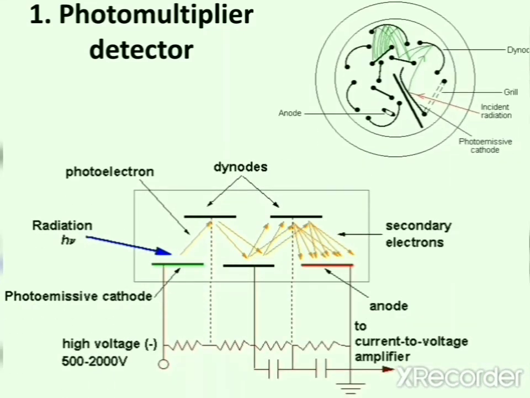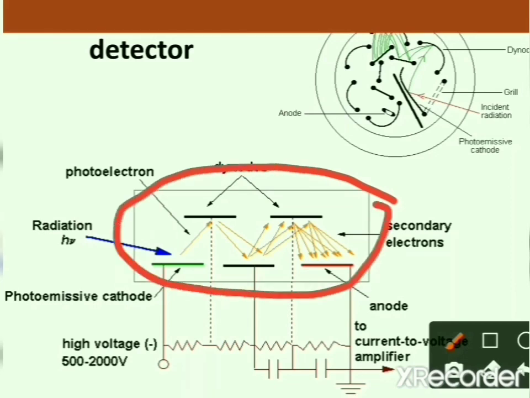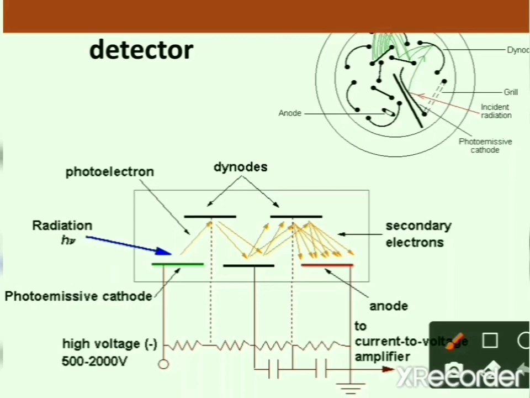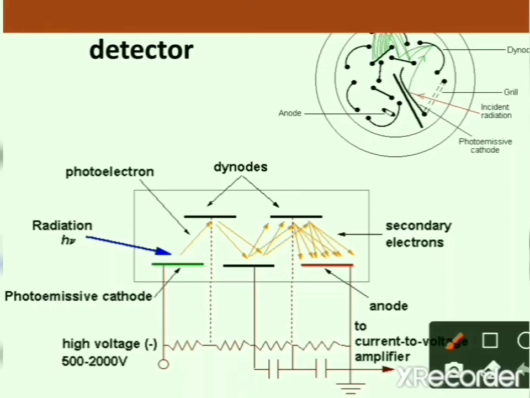Now in these pictures you can see the construction of photomultiplier detector. It consists of a vacuum tube, a primary photoemissive cathode, eight to 10 diodes, and collector electrode.